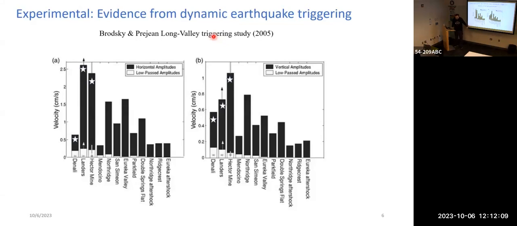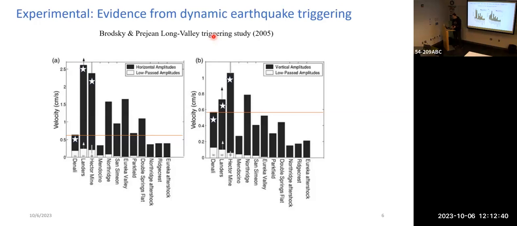But you can see for the Denali earthquake, the vertical and horizontal velocities are relatively lower than for Northridge, Eureka Valley, and others. All those cases with higher velocity perturbation didn't trigger earthquakes, but the Denali earthquake triggered seismicity near Long Valley.